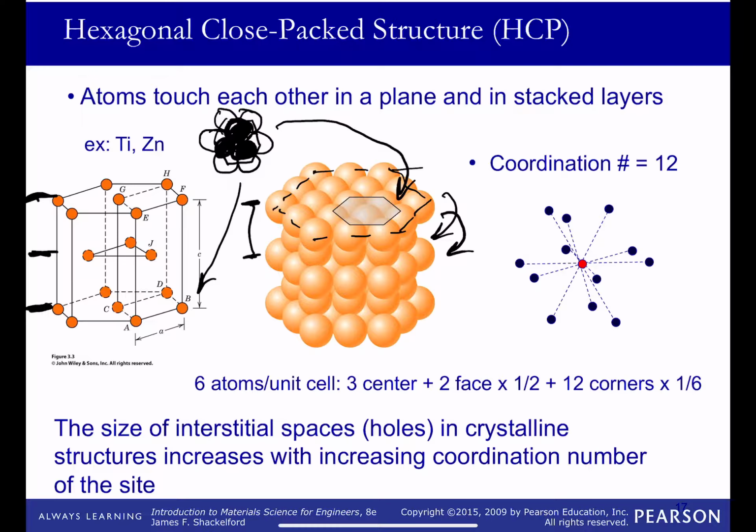By doing so, we create high coordination number. So we bring 12 atoms around a central atom in that regard. So the HCP structure has a coordination number of 12.